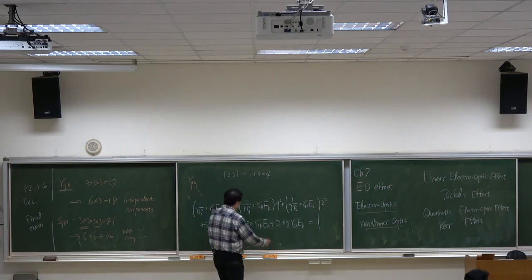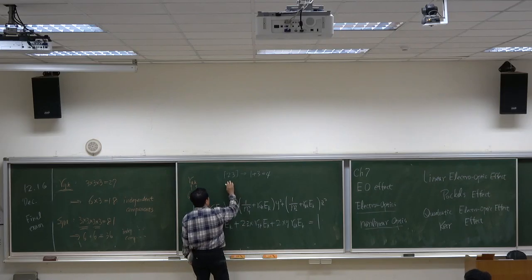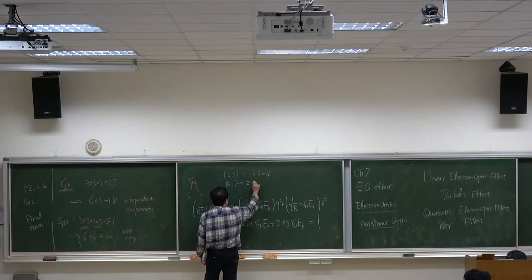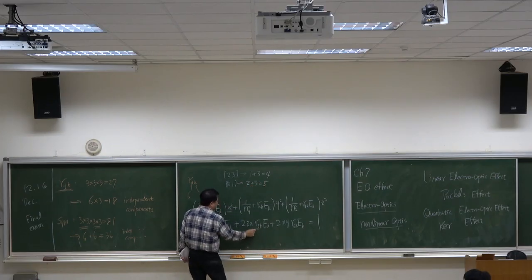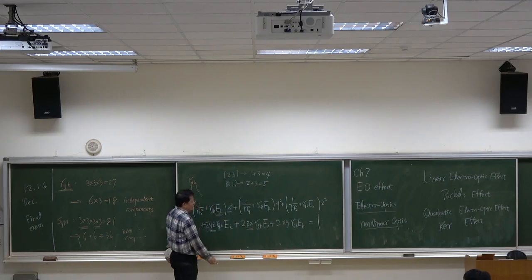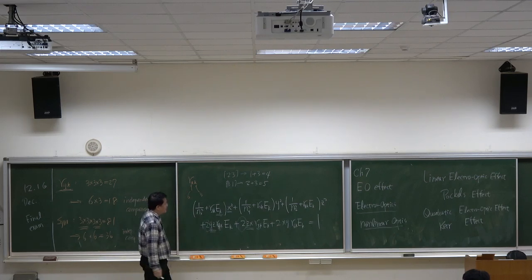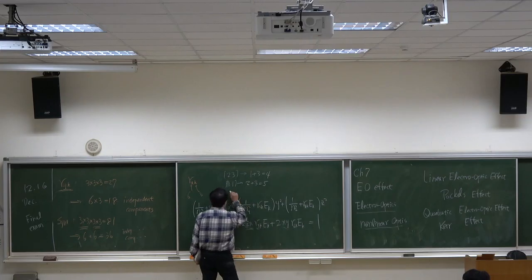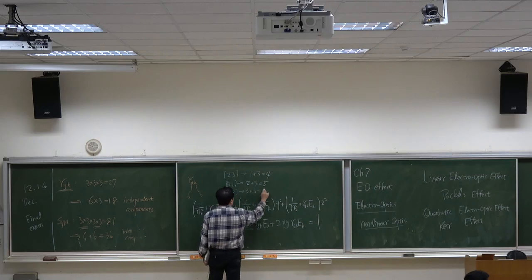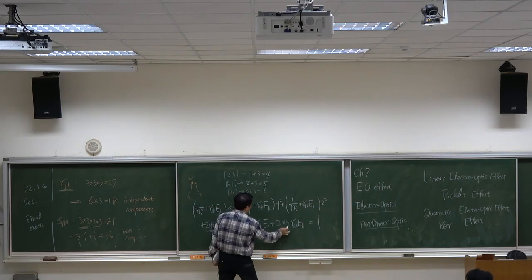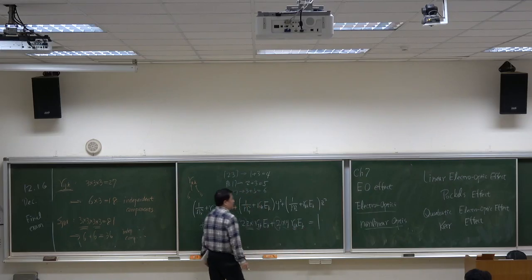And how about zx? zx is 3, 1, 2 plus 3 equals 5. So here we have 5 times this. And do not forget this factor 2 because we have zx and xz. And finally, 1, 2, 3 plus 3 equals 6. 1, 2 and 2, 1, so factor 2 and 6. And the sum over k, Ek.